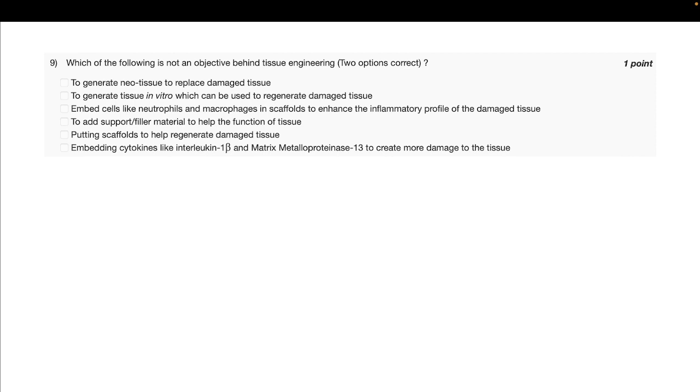Others want to give it a try? The first one. The first is to generate new tissue to replace damaged tissue.